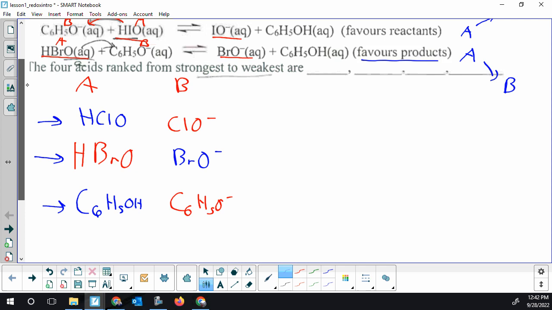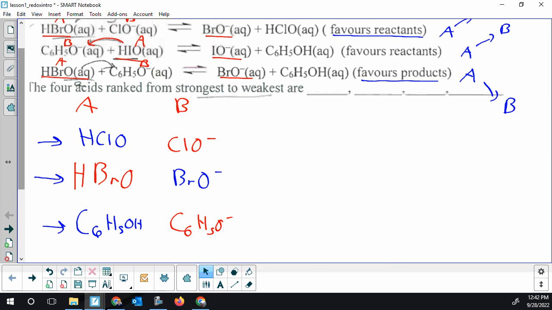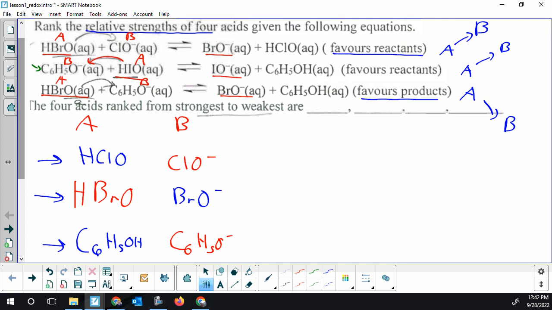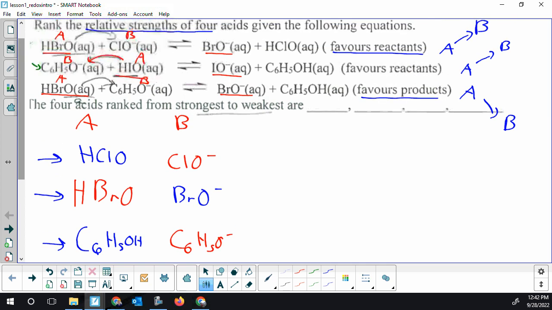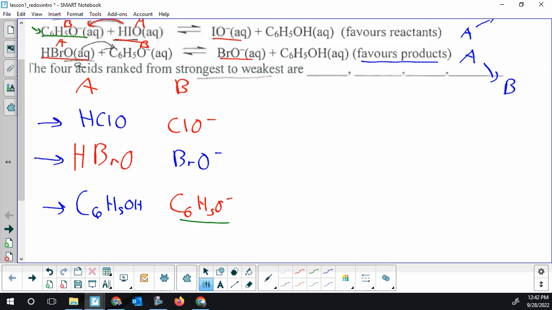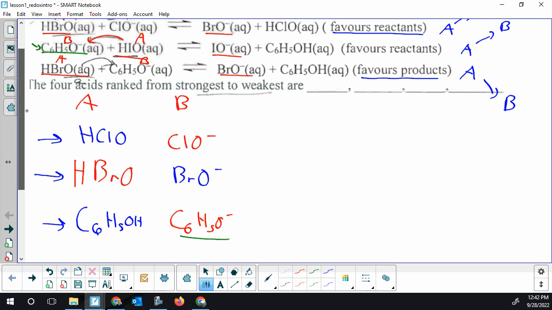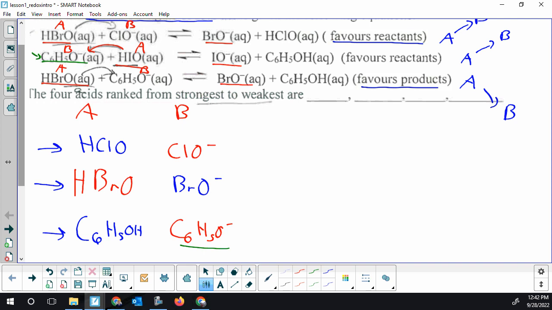We've got to add in one more piece of information. I skipped the second one because I needed neither chemical. We have C6H5O minus as our base with HIO. So this is already in our table. And which way do we need it? We need the acid below the base.